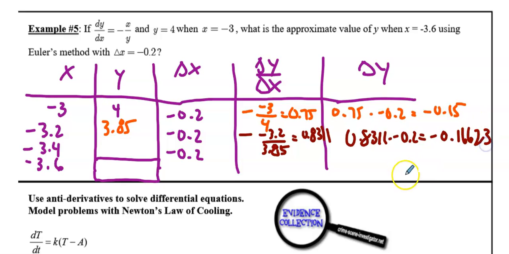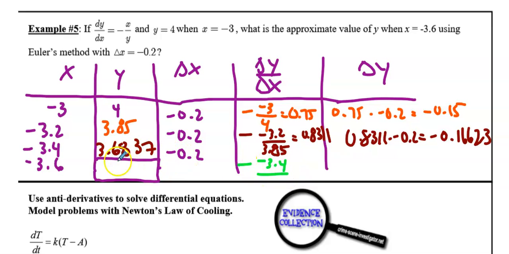We go a couple decimal places, but 0.166 is totally fine. We take this number and add it to the 3.85, and we get 3.68 37.